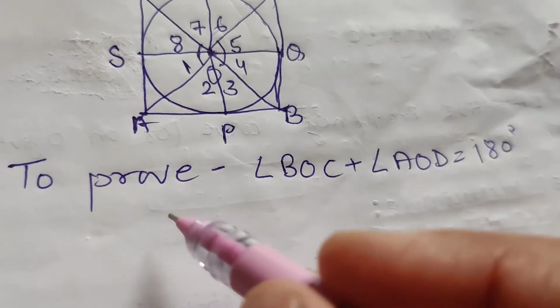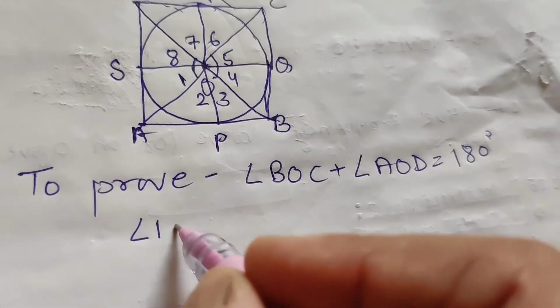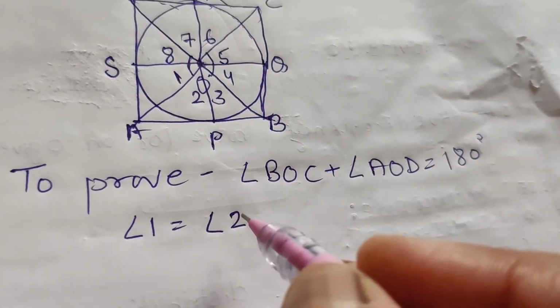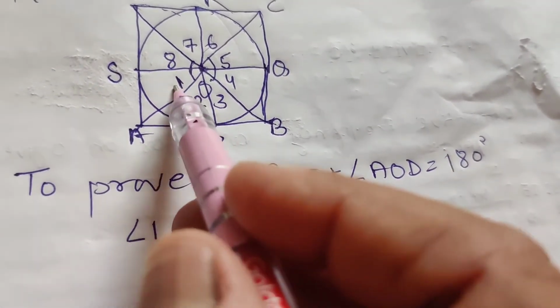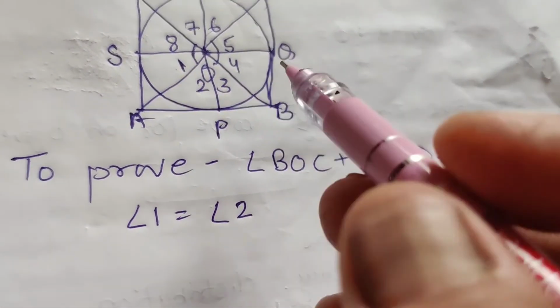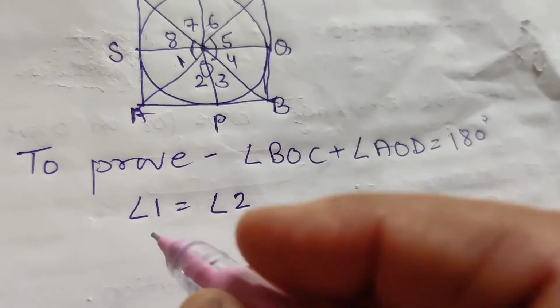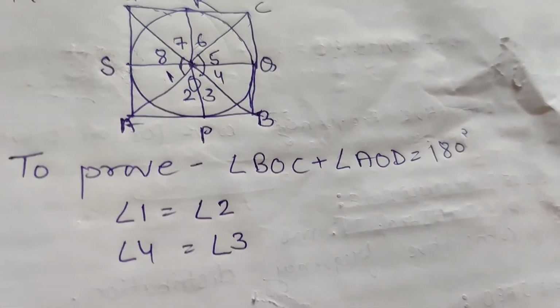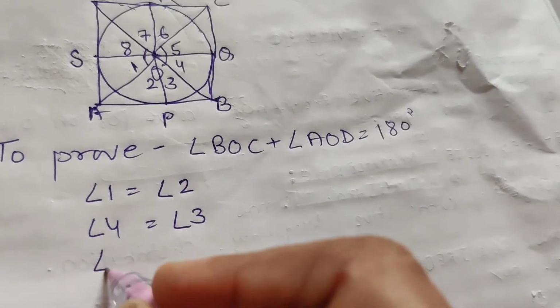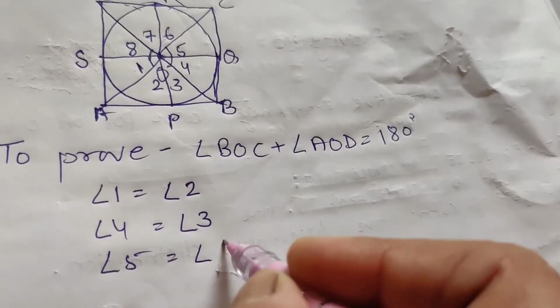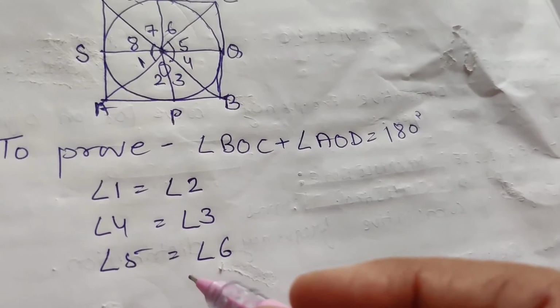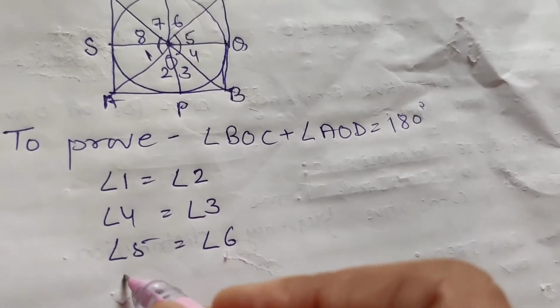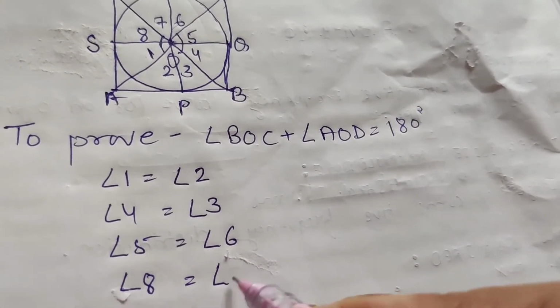We know that angle 1 equals angle 2. These two angles are always equal. And again, angle 4 equals angle 3, angle 5 equals angle 6, and angle 8 equals angle 7.